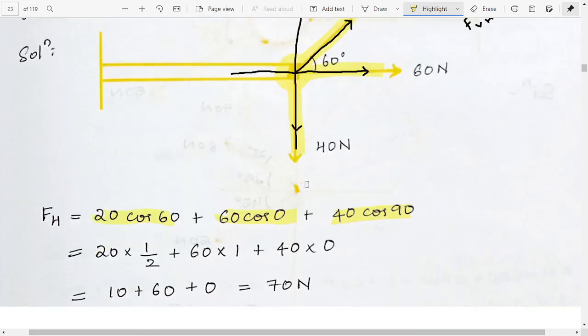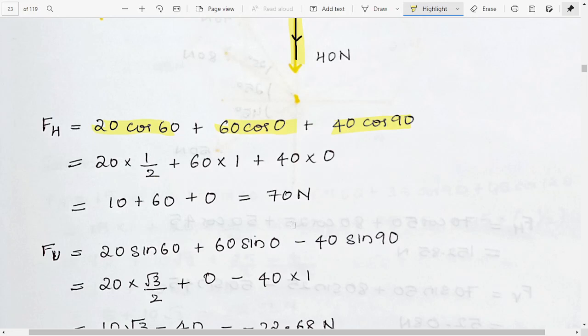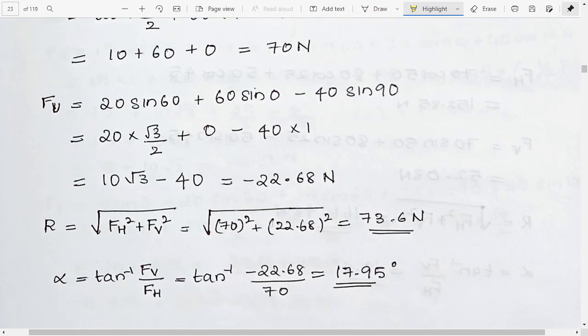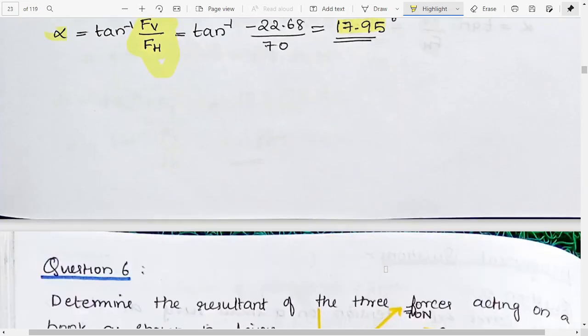If we calculate these values, we will get 70 Newton. And the force on the vertical axis is minus 22.68 Newton. Then we find the resultant, which is the root of the square of the horizontal and vertical forces, which we get as 73.6 Newton. And we can find alpha, which is tan inverse of FV by FH, which is 17.95°.